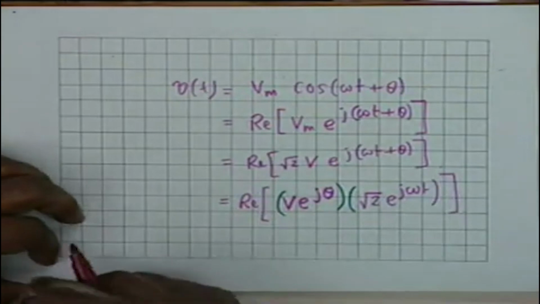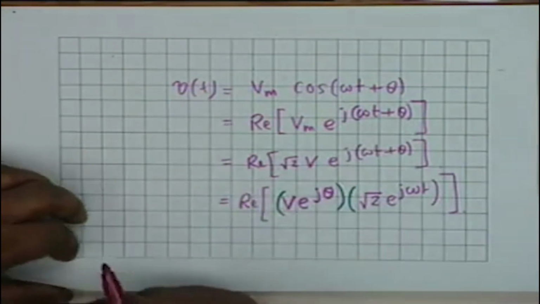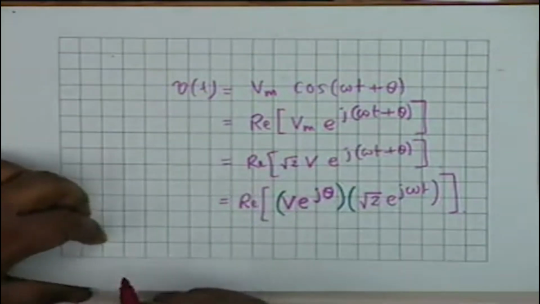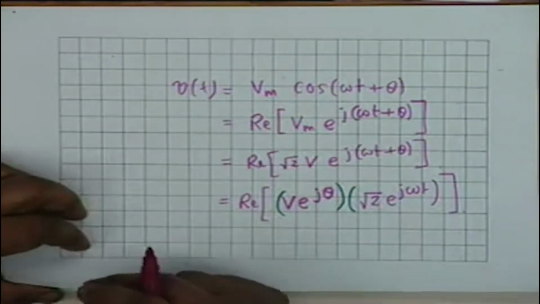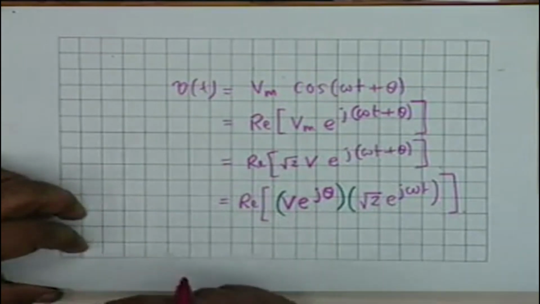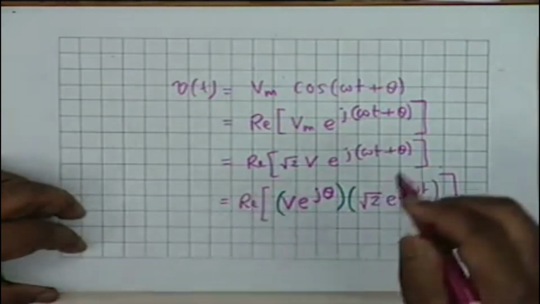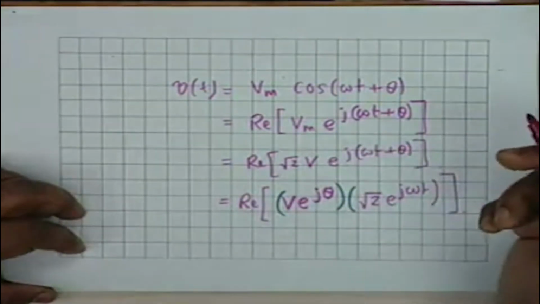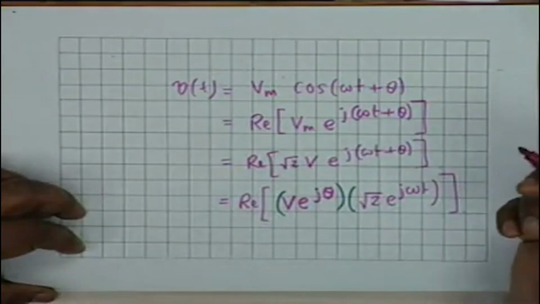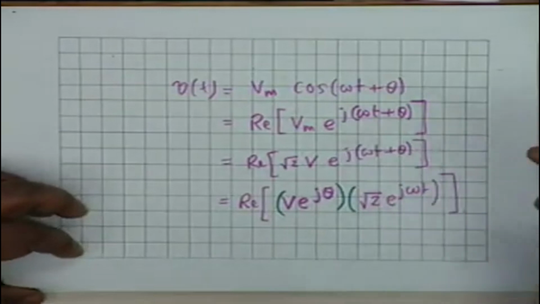All right. Now if this voltage is applied to a linear electrical circuit containing resistors, capacitors and inductors, then all currents and voltages shall be sinusoidal. You will be able to write them as some constant multiplied by cosine omega t plus some other constant phi, or sine omega t plus phi.